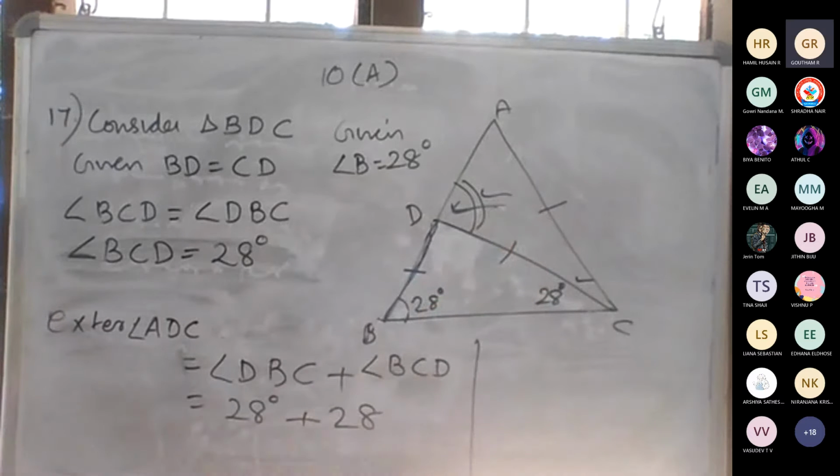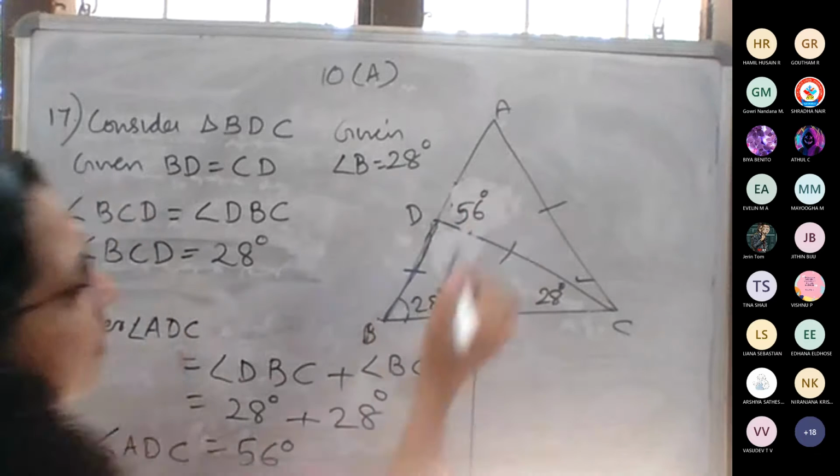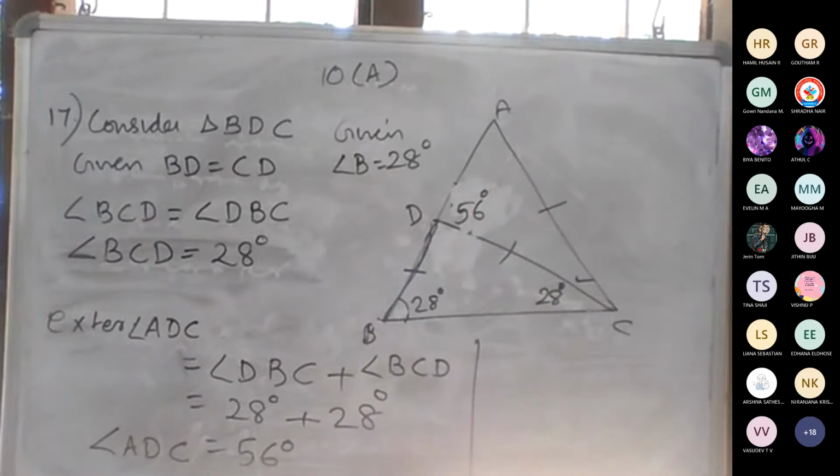So 28 plus 28 is equal to 56 degrees. Exterior angle ADC we got as 56 degrees.